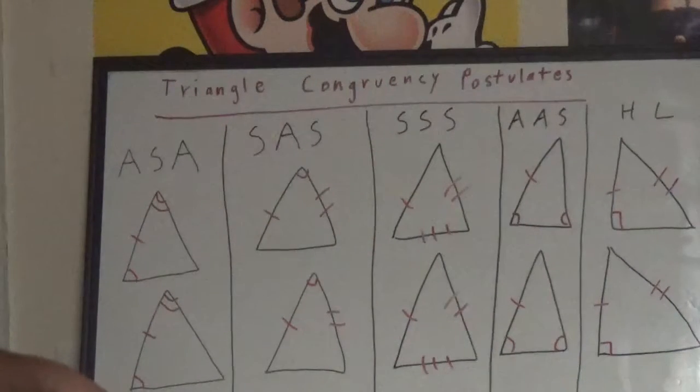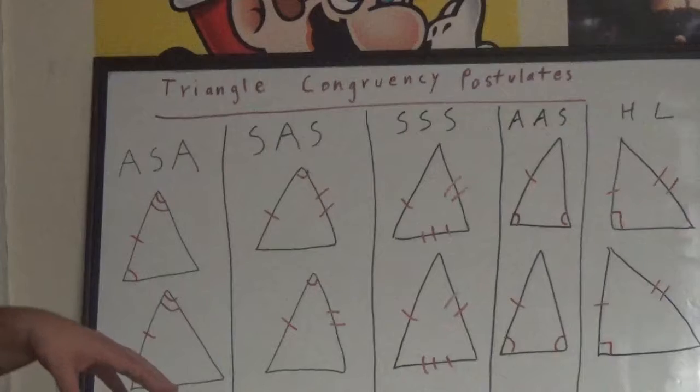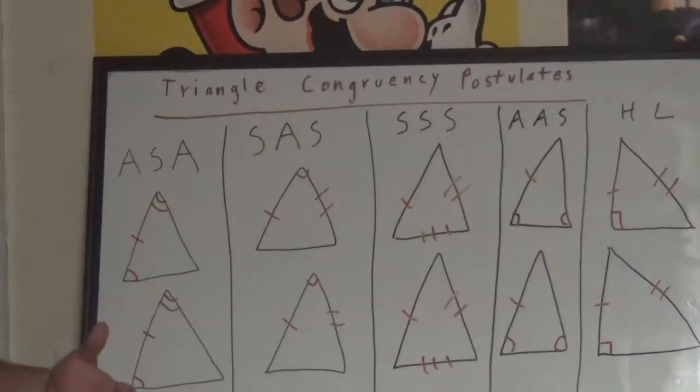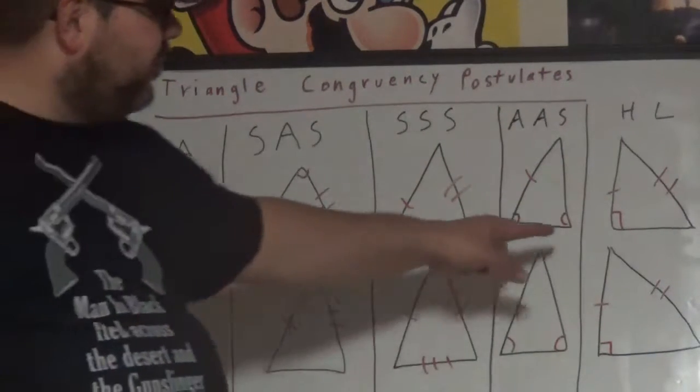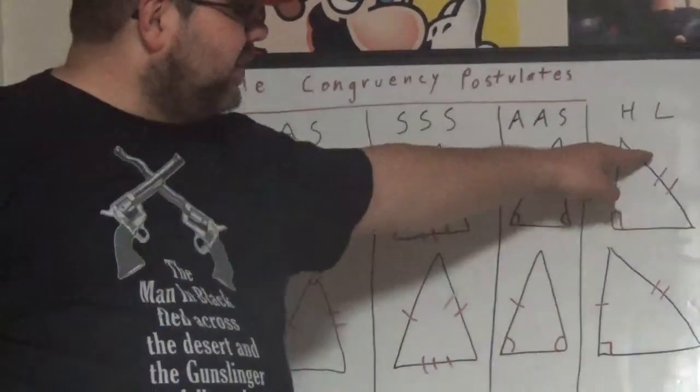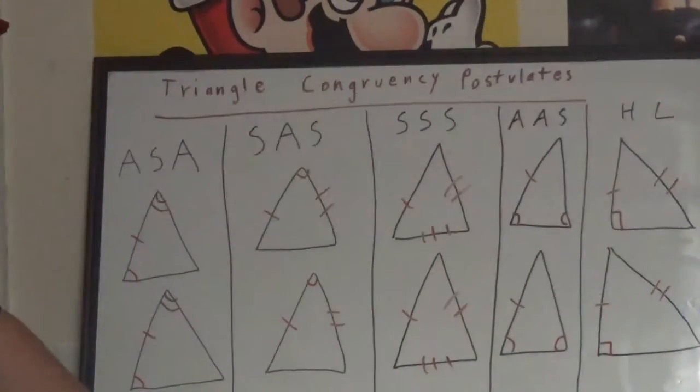This is important to note because if this was not a right triangle, we would have an angle, a side, and a side, which is not one of our postulates. However, if it's a right triangle, it is a postulate, so it is congruent.